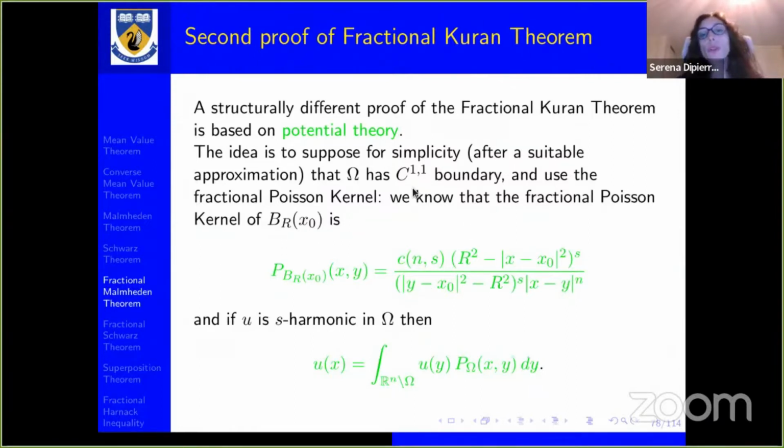And also, because the domain is regular enough, I can define a Poisson kernel for omega. So if u is s-harmonic, I can write u in terms of the Poisson kernel. So I can write u to be the integral over R^n minus omega of u against the Poisson kernel of omega.